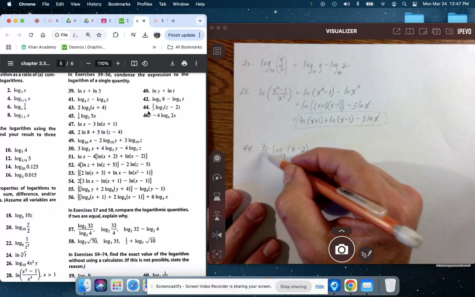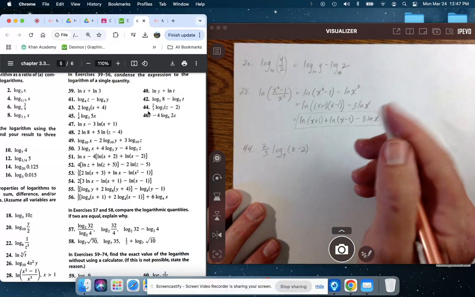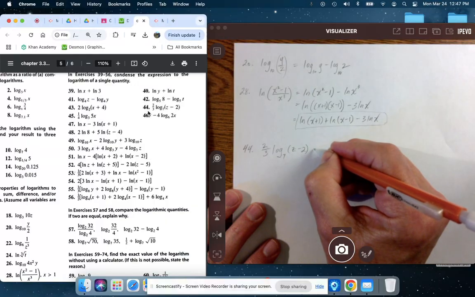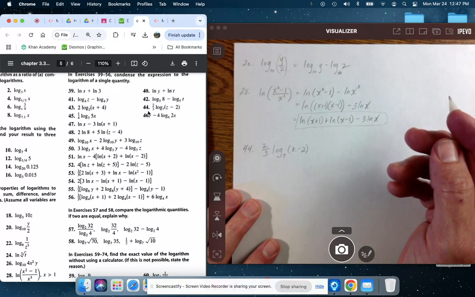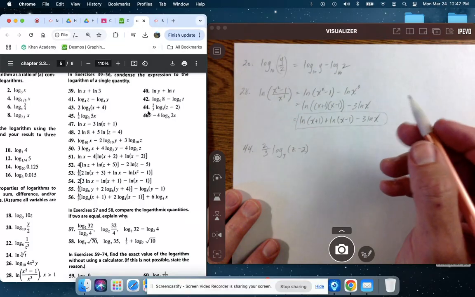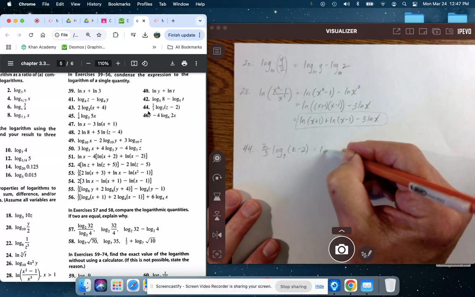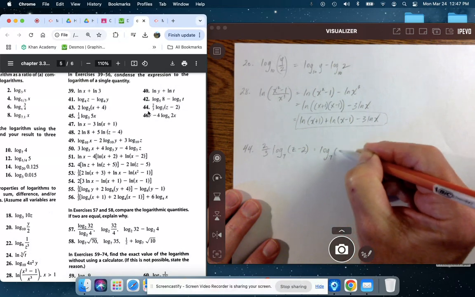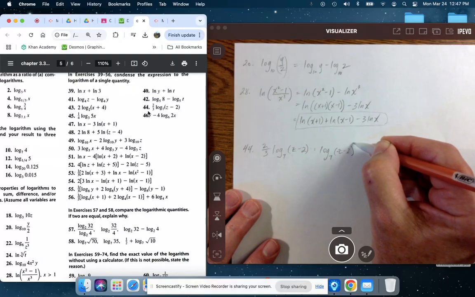Okay, so the first thing I'm going to do is make that a power, right? So that's going to become, I think that's all I can do. Condense, we're just trying to condense it. There's not much else. Log base 7 of z minus 2 to the 2/3 power.